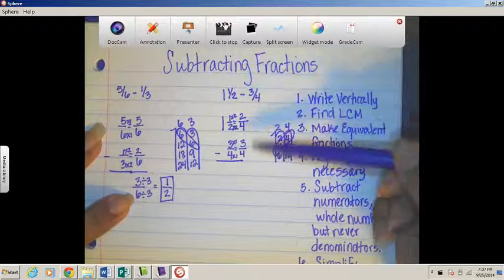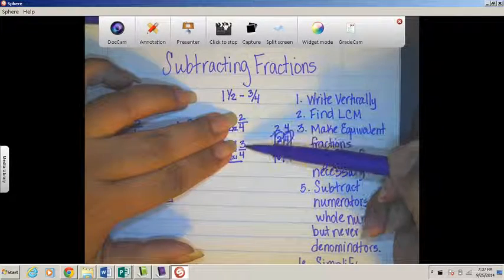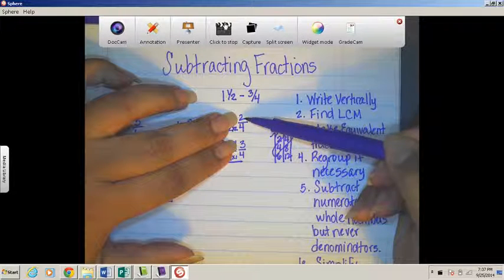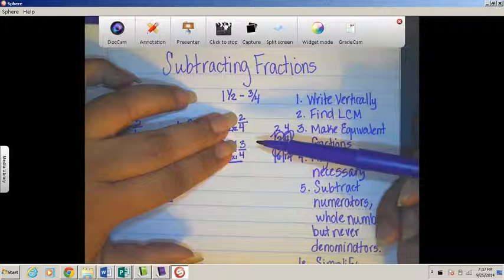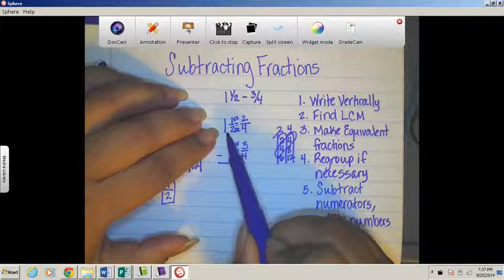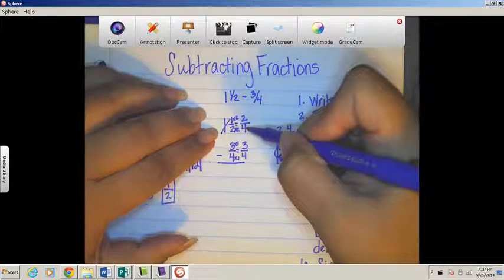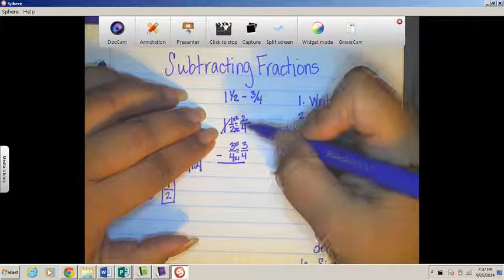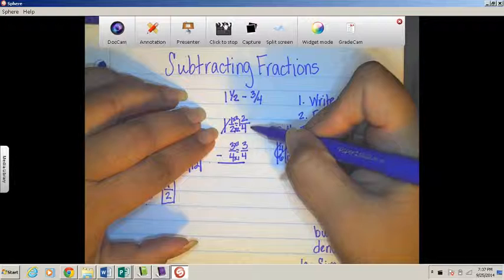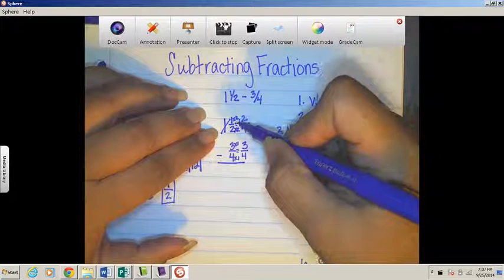At this point, I notice that I cannot subtract 3 from 2. 2 is smaller than 3. So I'm going to have to regroup. I'm going to borrow from the 1. This is now 1 2/4. I convert my mixed number to an improper fraction. 4 times 1 is 4, plus 2 is 6.